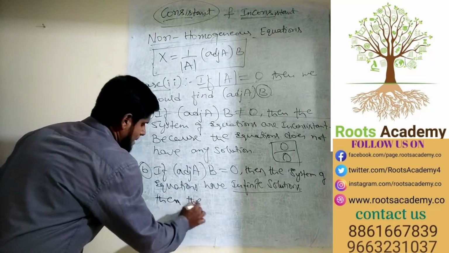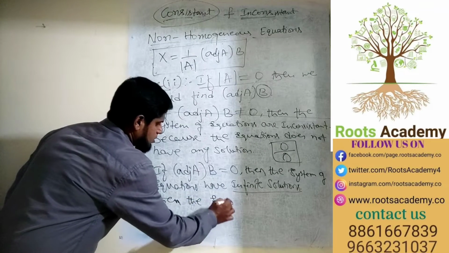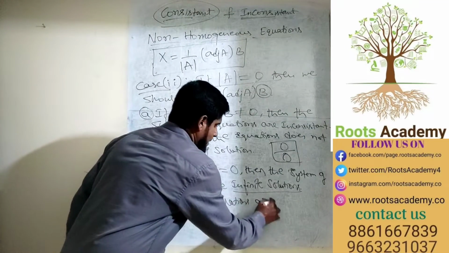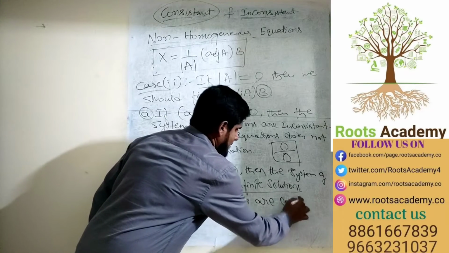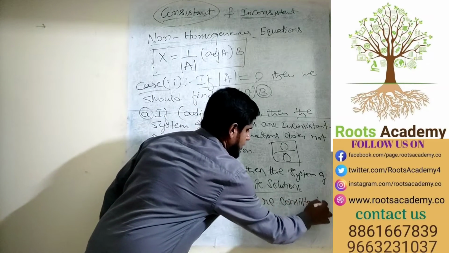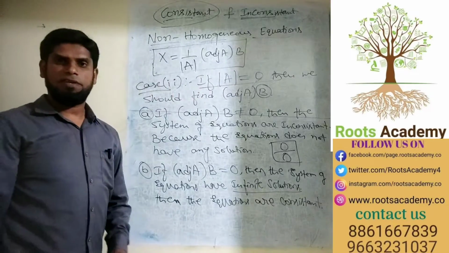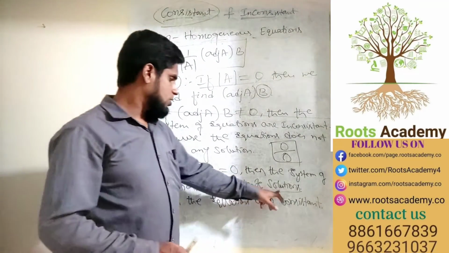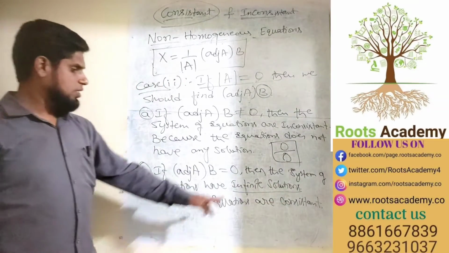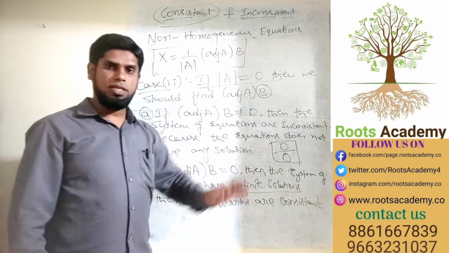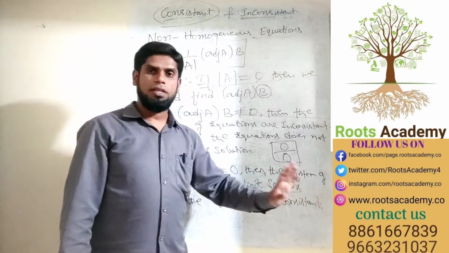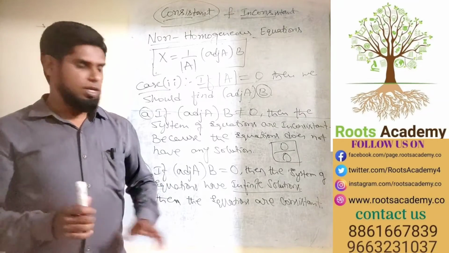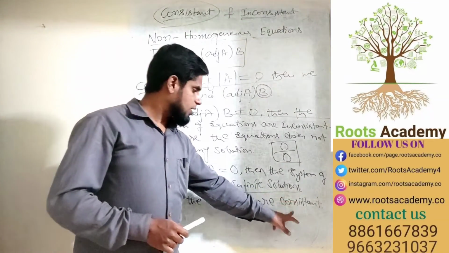The equations are consistent because they have solutions, and here it is infinite solutions. As I said, the definition of consistent is that we need solutions, whether one solution or more. If solutions exist, it is declared consistent.